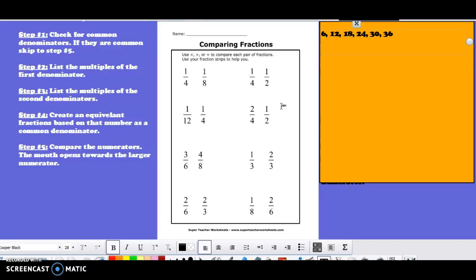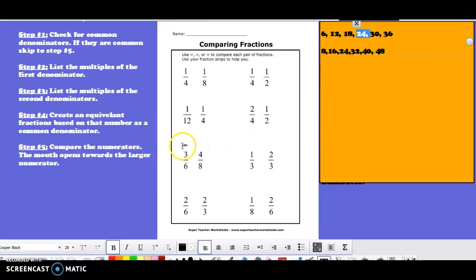Then I'm ready to list the first few multiples of 8. 8, 16, 24, 32, 40, 48. Then I've got to find the common multiple that first matches, which in this case would be 24 and 24.